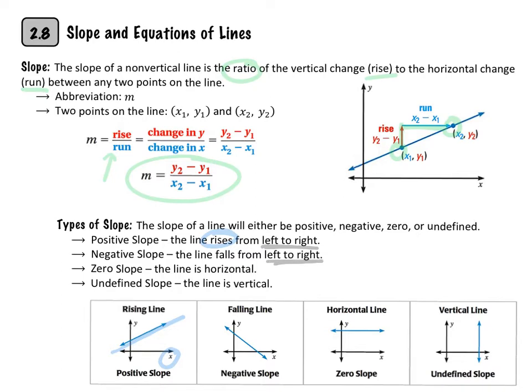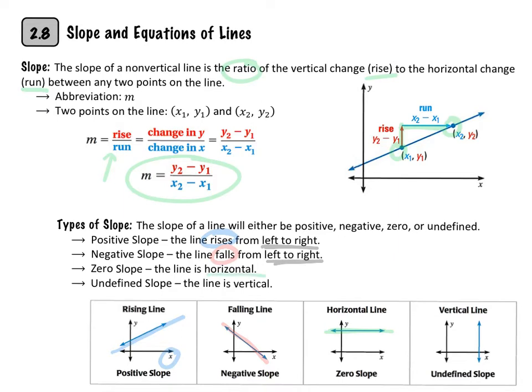But if it falls as it goes from left to right, then I have a negative slope. That ratio is going to come out to be negative when I plug in my values for my points. If I have a completely flat line, completely horizontal, y never changes, then I have 0 slope because the change in y is 0, so my ratio is 0 divided by however far I go along the x, it's still 0.